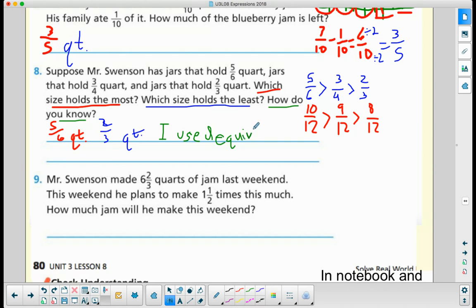I use equivalent fractions with common denominators to compare. There you go.